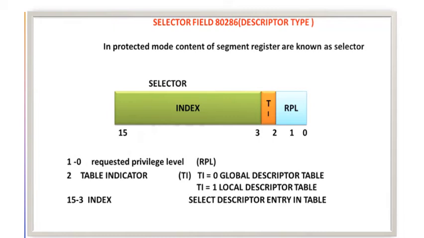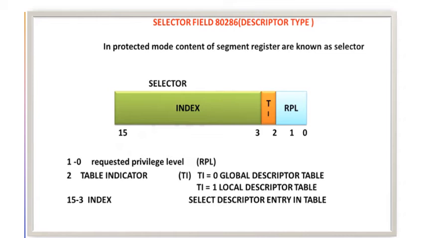Next, let us discuss the selector fields. In the protected mode of 80286, the selector has 3 fields: descriptor entry index, local or global descriptor table indicator, and selector privilege. The figure shows the selector field.